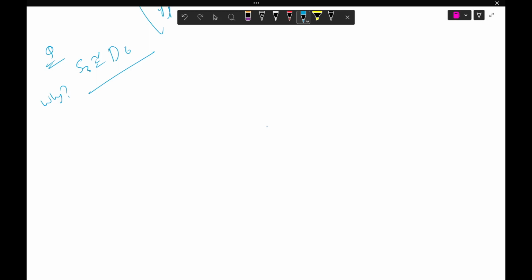Okay, so give some intuitive idea. Give some idea why S3 is isomorphic to D6.